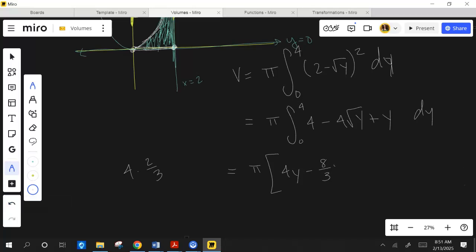Add 1 to this to get 3 over 2. Multiply the number in front by the reciprocal.